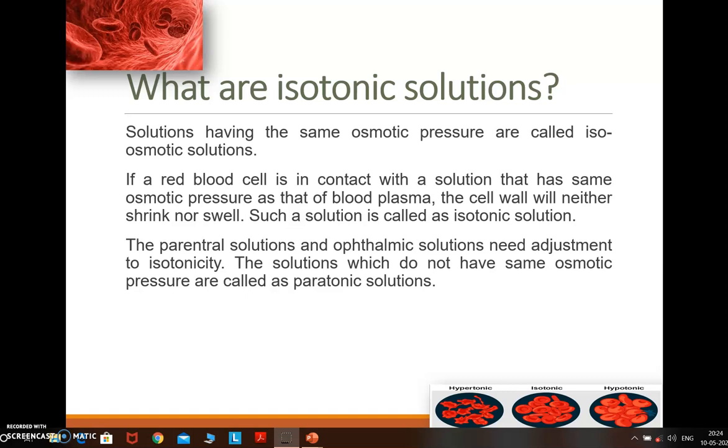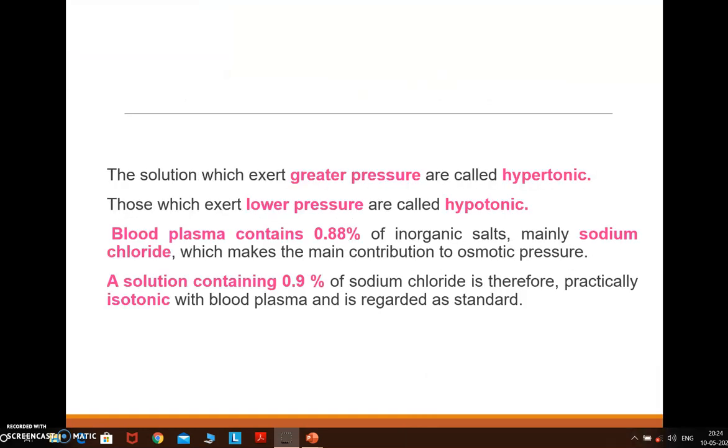So any solution which does not have the same osmotic pressure as that of your blood plasma is termed as paratonic solution. Now we need to deal with the basic terminologies. First of all, let us see what is a hypertonic solution. It is the solution which exerts greater pressure, and hypotonic, it would exert lower pressure.